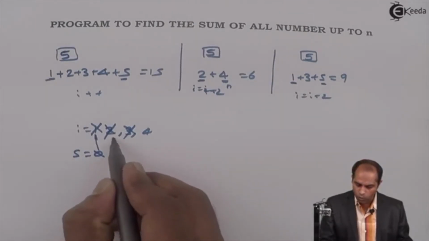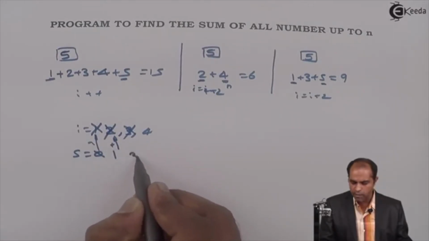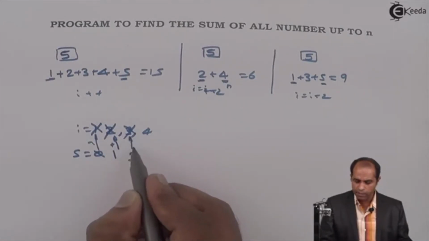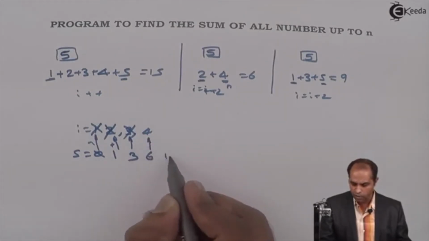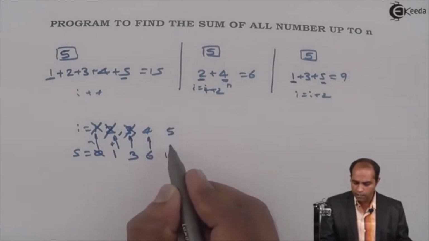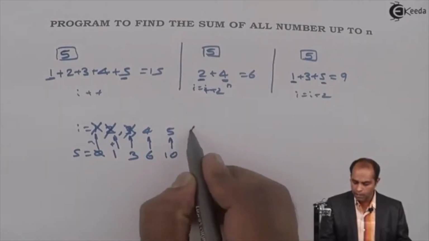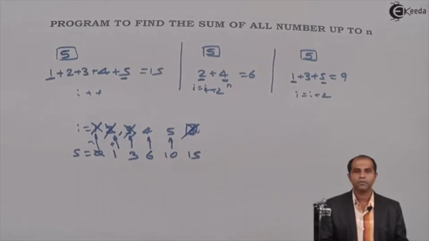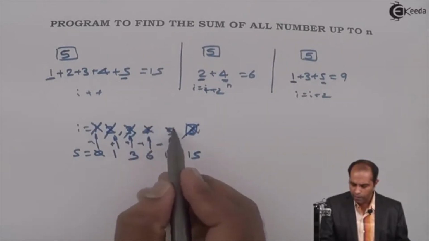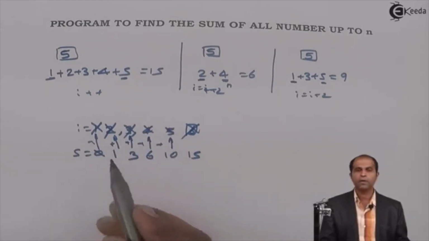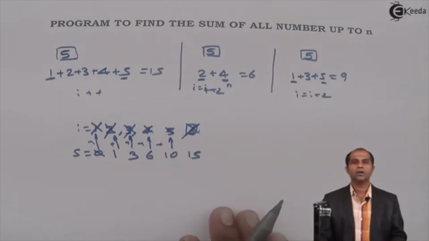Then 1 is added with 2, and the result is stored as 3. 3 is added with 3, the result is written as 6. 6 is added with 4, the result is stored as 10. Then i generates 5, 10 is added with 5 and the result is 15. When i generates 6, we'll say stop. So here the value of i keeps on overwriting, and every time I keep on adding the values of i. The same expression can be used with this particular operation also.